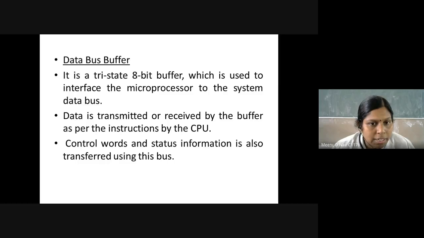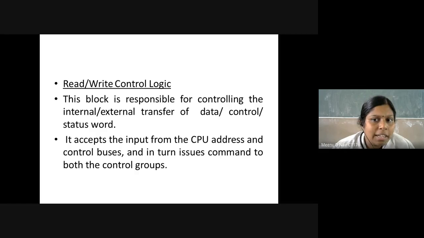Not only data, it also transfers and receives the control words and status information. You can transfer the control words, status information as well as data using this data bus buffer. Next one is read or write control logic.